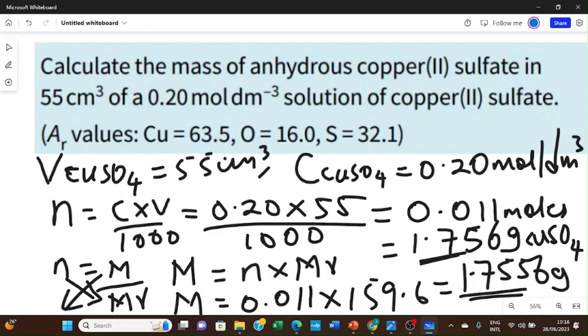So this is just the beginning. You have more questions to solve on concentrations and solution. Before I end today's class, I'll be giving you a task to solve against next class. Please, as you can see, it's very, very simple. All you need to do is to apply the formula. Please make sure you take note of the formula and then apply it correctly.